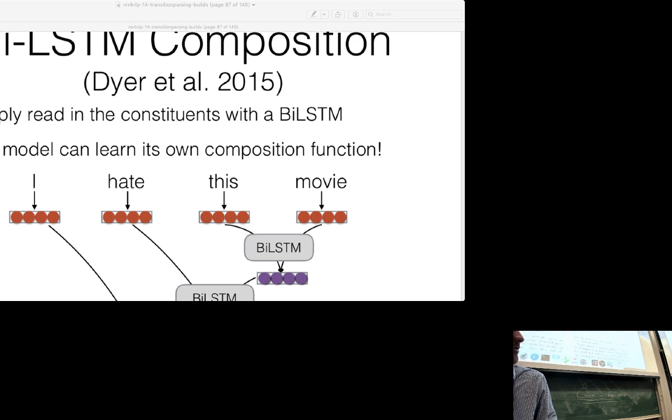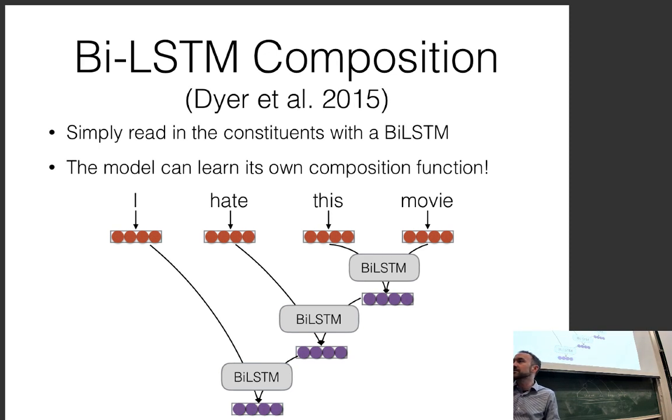The name of the paper is this one. This is a paper that I also did with Adi, who used to be here. So basically, what I want to point out is there's lots of different ways of composing together constituents, but the basic idea of having a tree-structured RNN that composes constituents according to syntax is something that you can do.